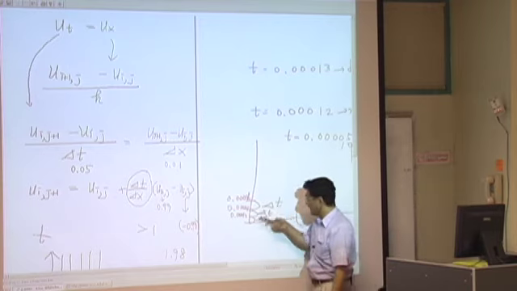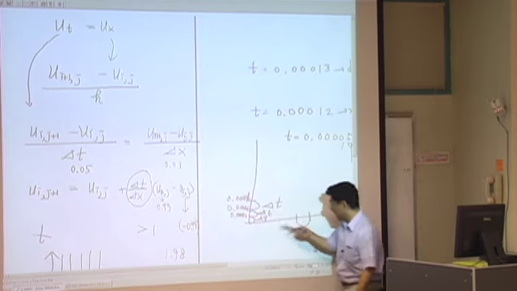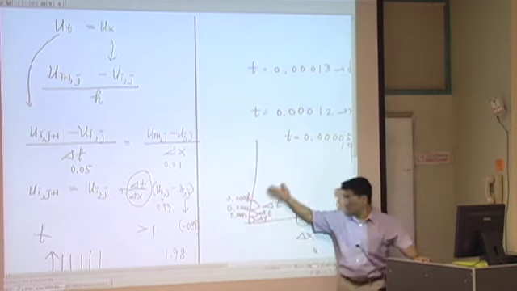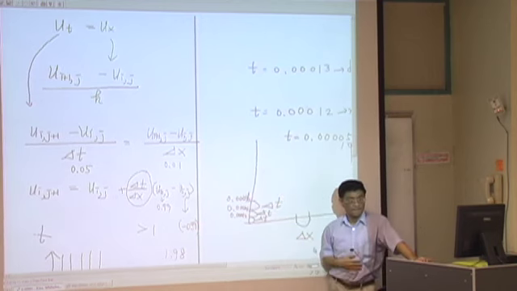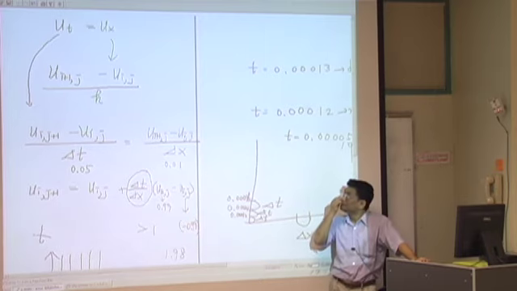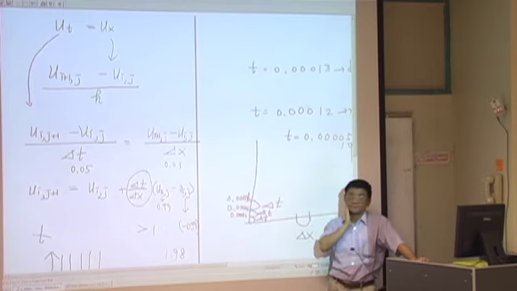So I may divide it by using delta t and delta x. I may choose any number in this direction and in this direction. Any more questions?